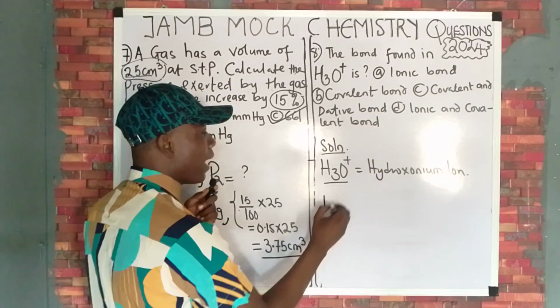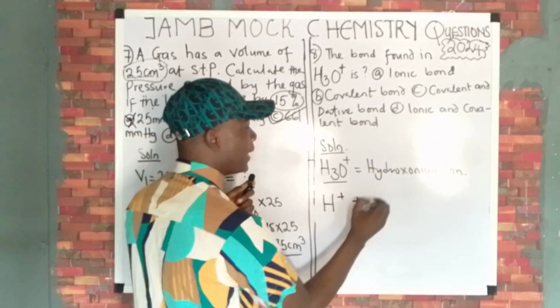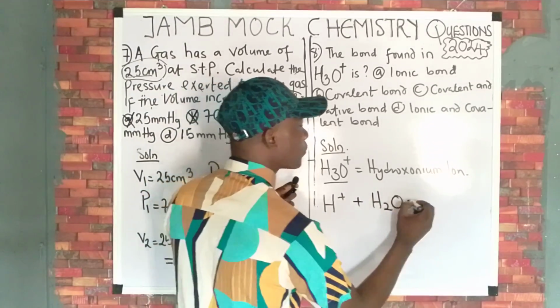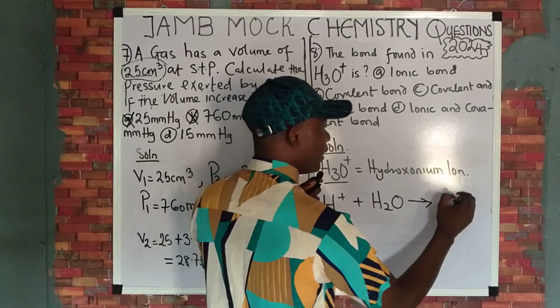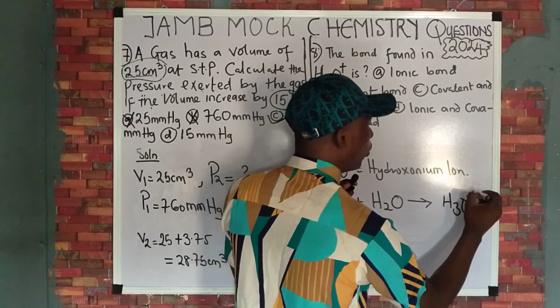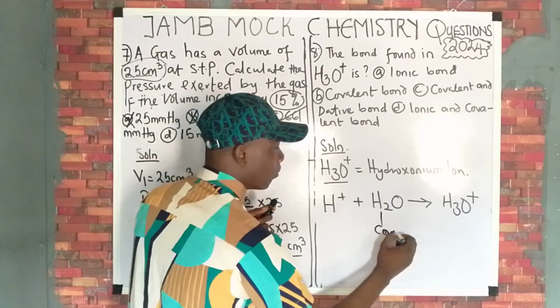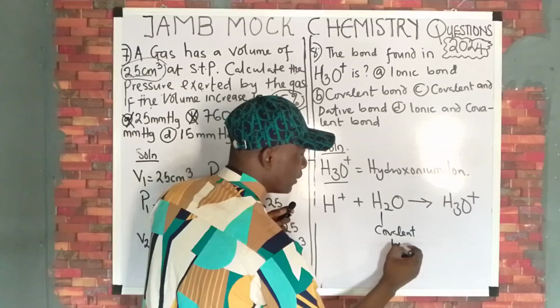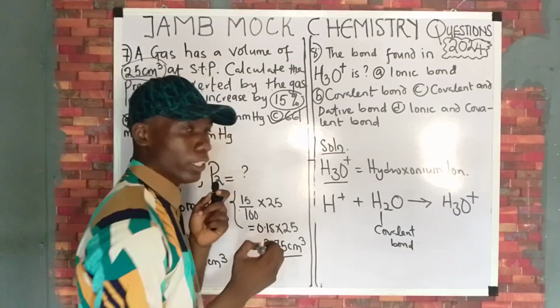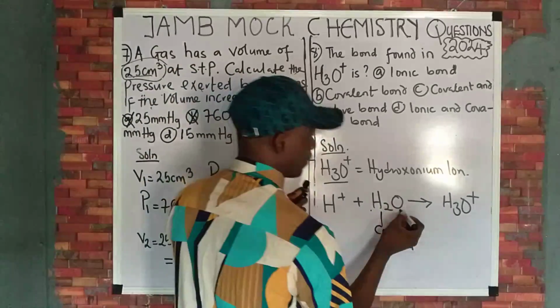Remember, if you have hydrogen ion combining with H2O, that is when you have H3O plus. So interesting. Remember, there is a covalent bond here, the bond formed between hydrogen and oxygen.